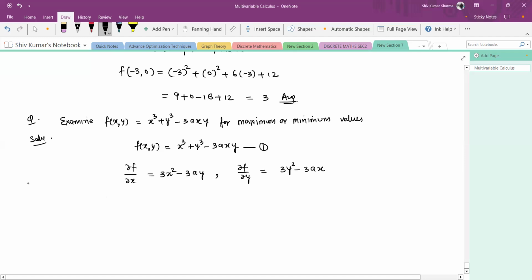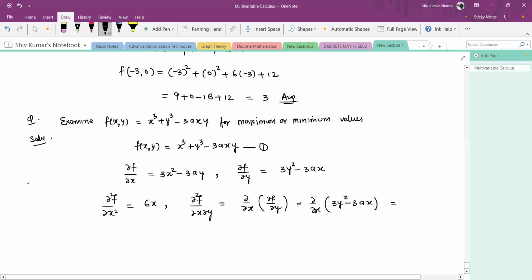Okay. Similarly, we calculate the second derivatives. Del square f upon del x square gives us 6x. Del square f upon del x del y gives us del upon del x into del f upon del y, which is del upon del x of 3y square minus 3ax.